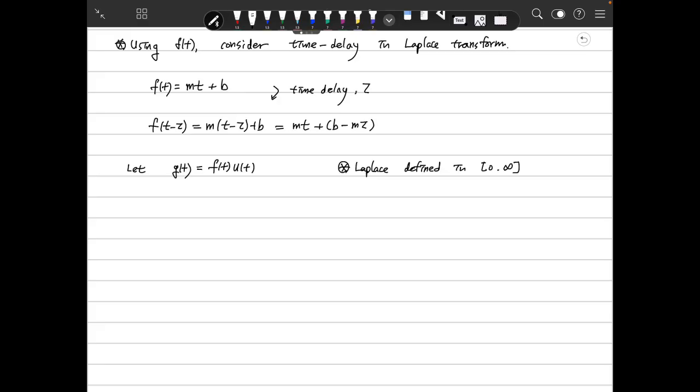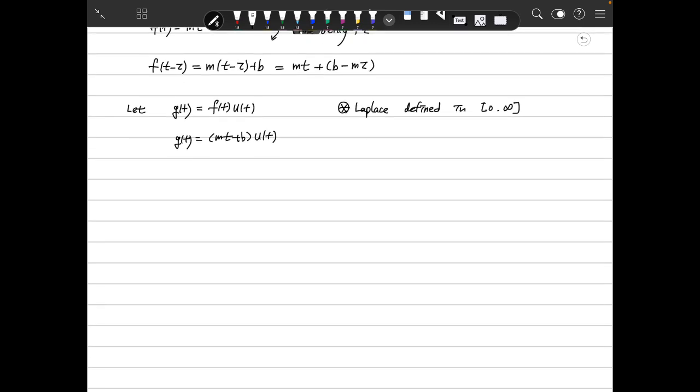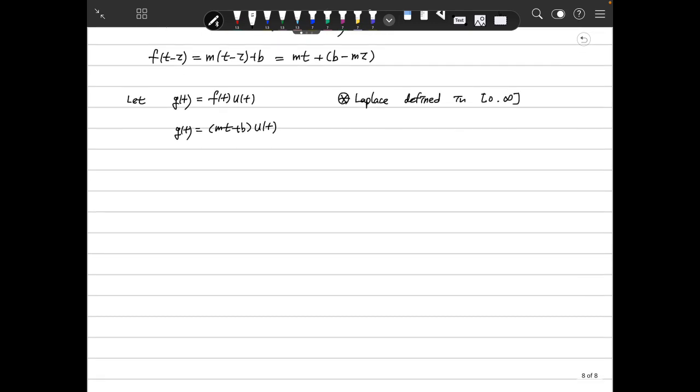Then g t will be mt plus b times u t. Then we consider the time delay tau, then g t minus tau will be m times t minus tau plus b, and u t minus tau.